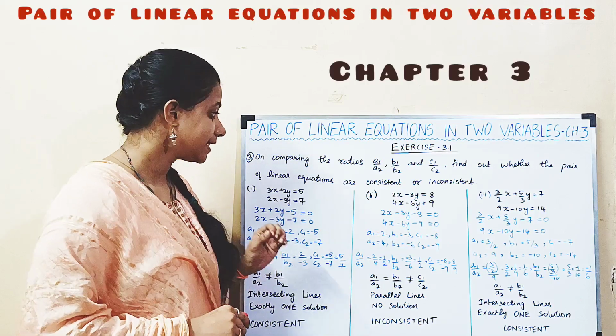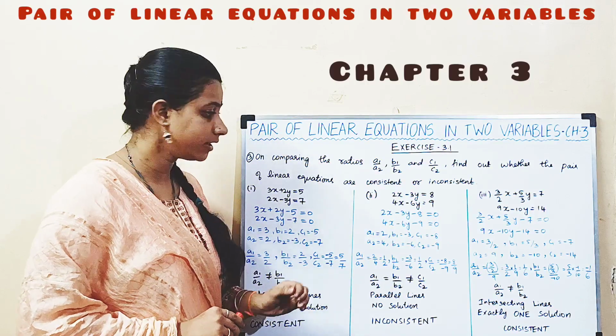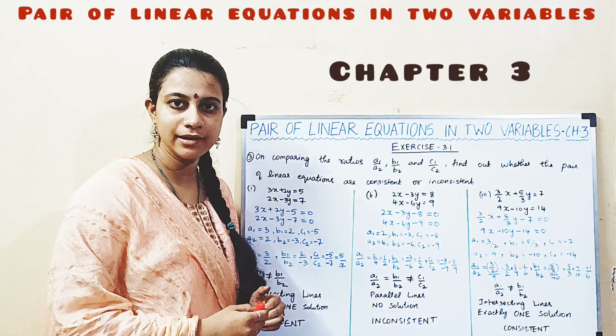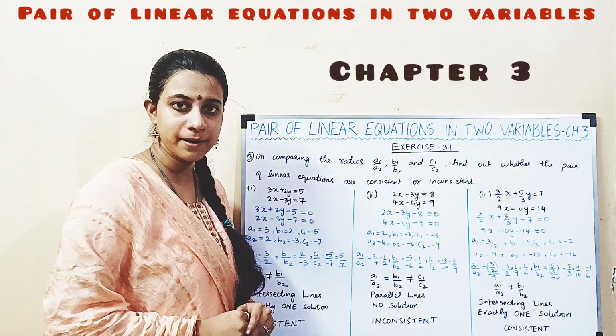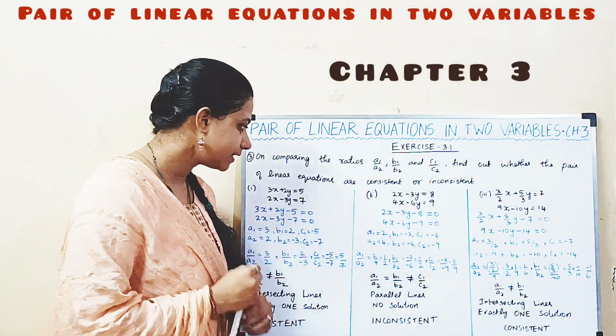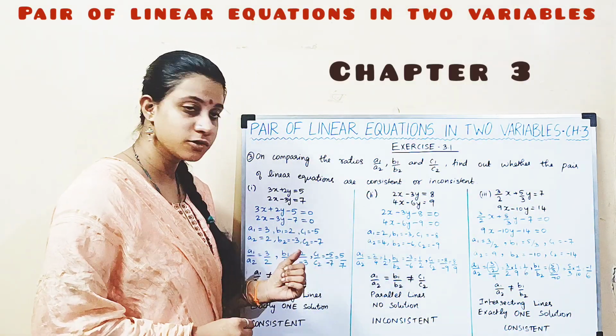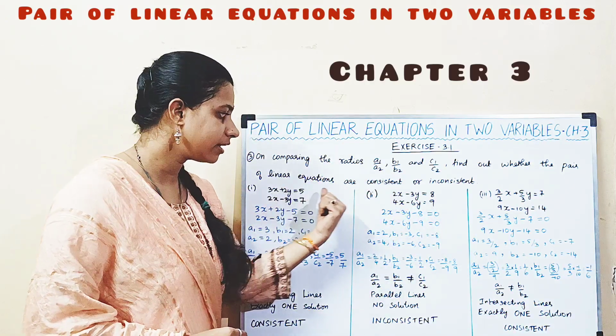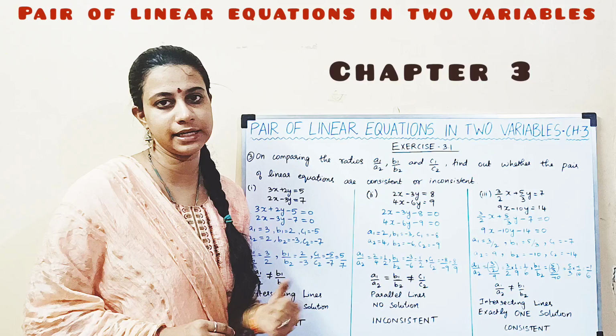So now in the second question we were asked to find whether the pair of linear equations are intersecting, parallel or coincident, by comparing the ratios a1 by a2, b1 by b2 and c1 by c2. In this third question we are asked to find by comparing the ratios whether the linear equations are consistent or inconsistent.